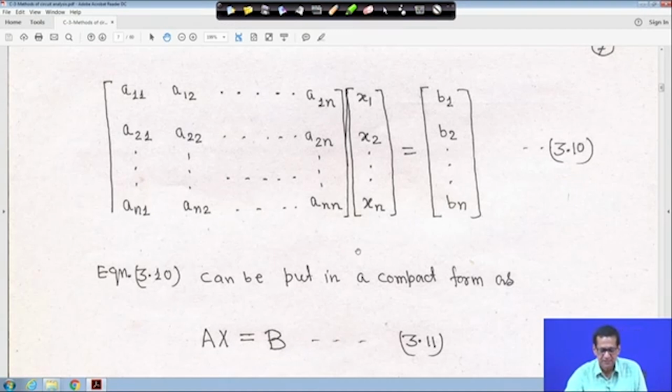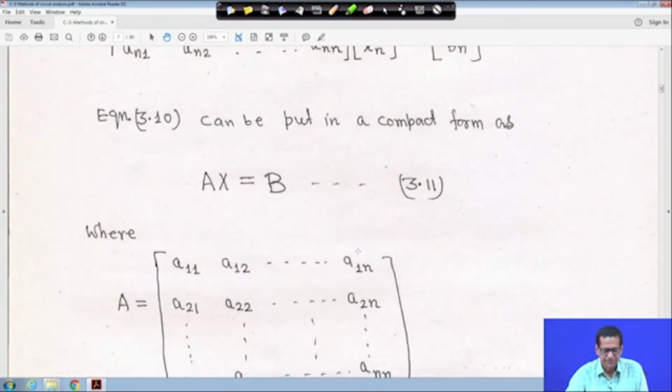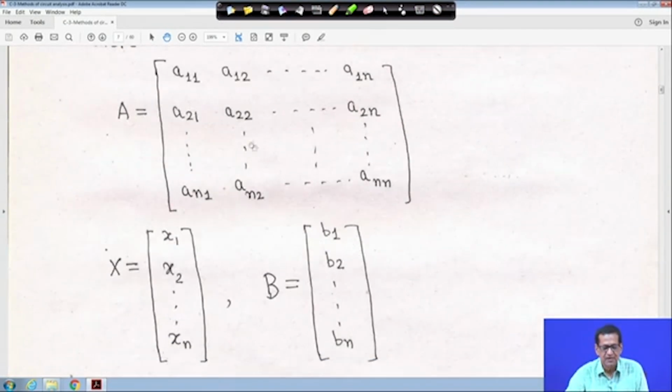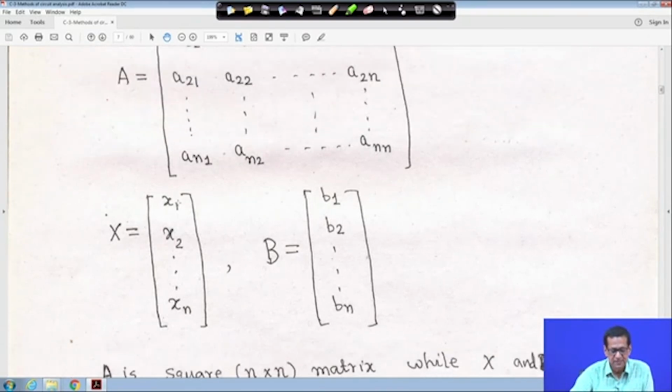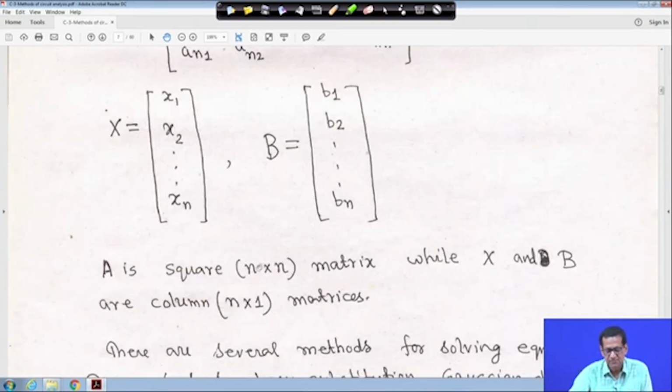Now A is the matrix with rows a11, a12, a1n, a21, a22, a2n, up to the nth row an1 to ann. Similarly x is x1, x2 up to xn, and b is b1, b2, bn. So A is a square n into n matrix, where x and b are column vectors, that is n into 1 matrices.